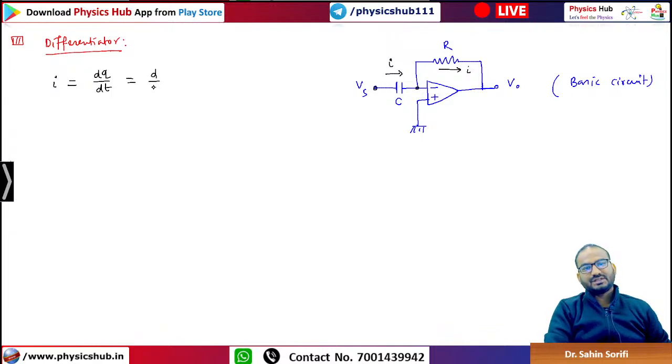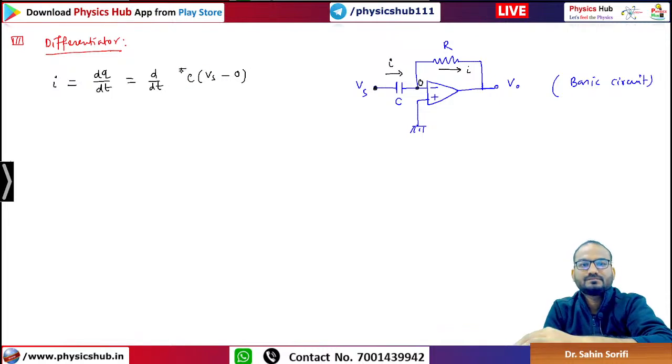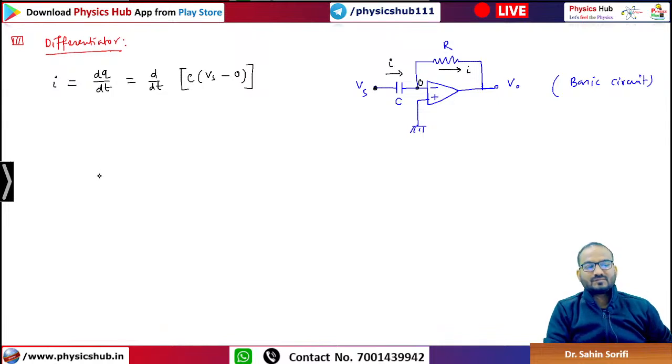This is equal to d/dt. Q is equal to C times the difference in voltage. Here it is Vs, and because of this virtual ground, here it will be 0 volt. So C times Vs minus 0, right?